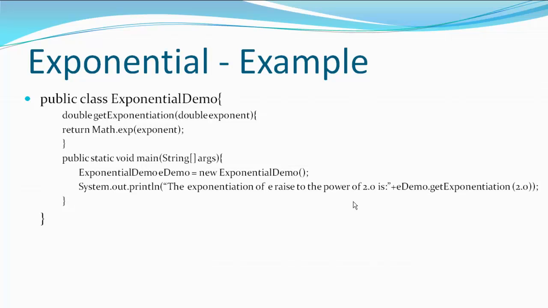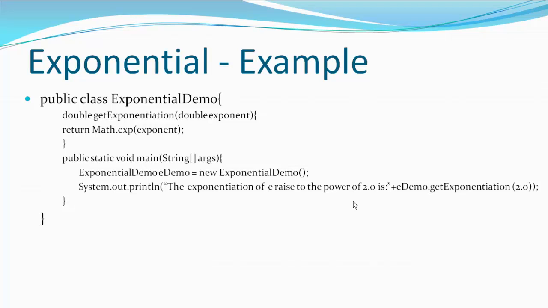Inside the method getExponentiation, you can see that we are making use of the method Math.exp. Math is the class and exp is the method, which is marked as static, as we had already discussed. By making use of this method, the exponential is calculated.